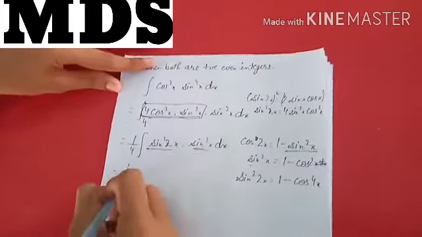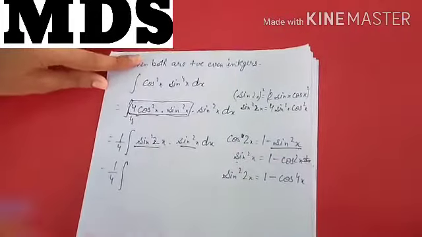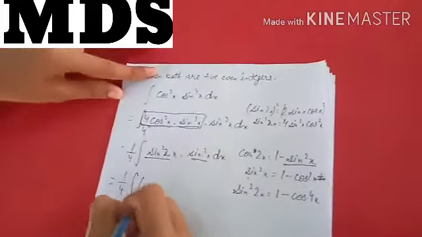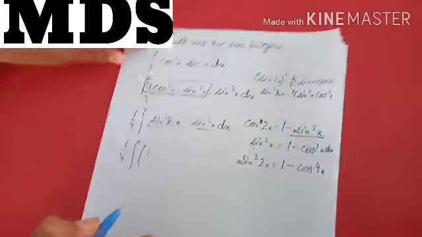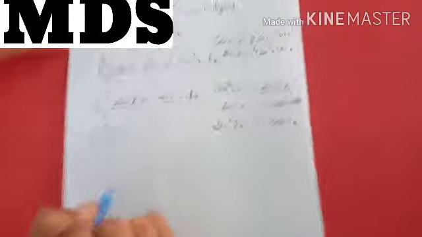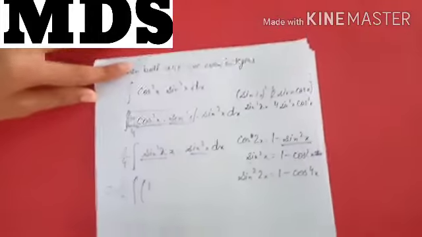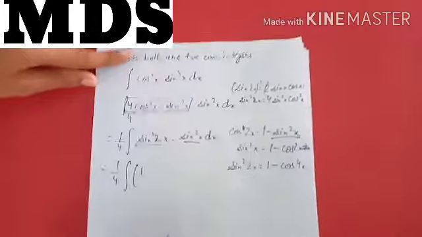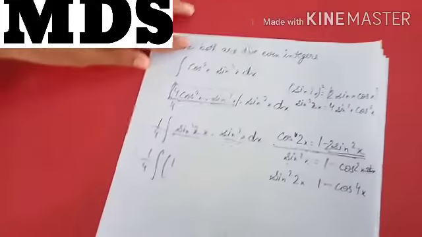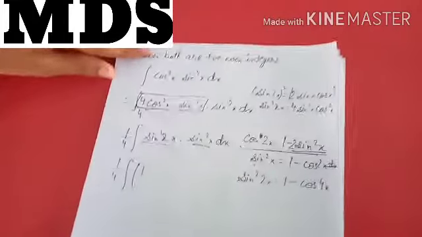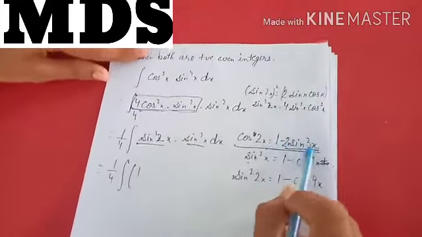So our question will be 1 by 4 integration of, now what was our formula? Our formula was actually 1 minus 2 sin square x.